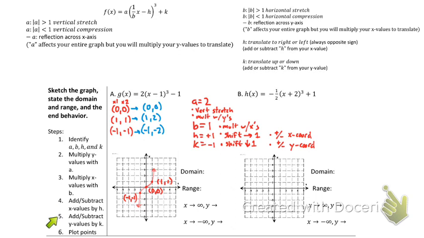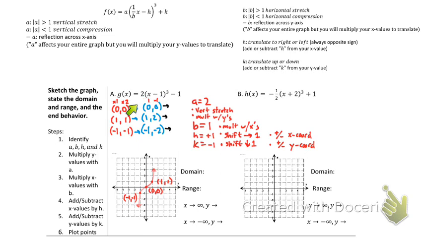Okay, so we just did steps 2 and 3. Now we're going to do steps 4 and 5 at the same time. My h goes with my x's. So my h is going to be +1. My k is going to be -1. And then we get our final points, and then we're going to plot them.